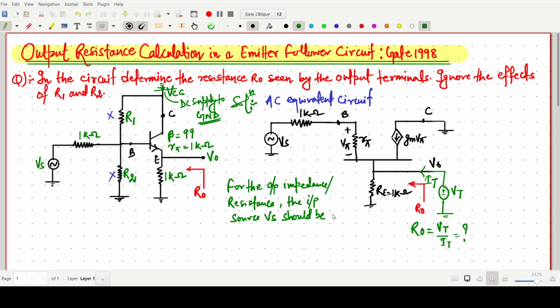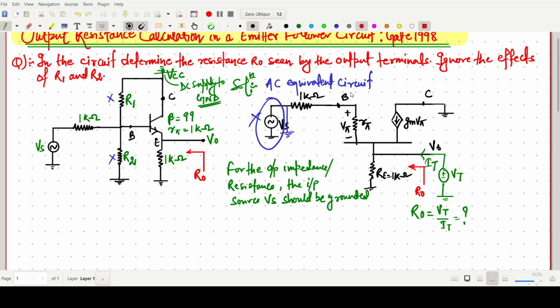So we make this one a ground, and neglect this for the output impedance calculation. Now this current is nothing but our IB, IC current, and this one is IE, and this one I have written IT.